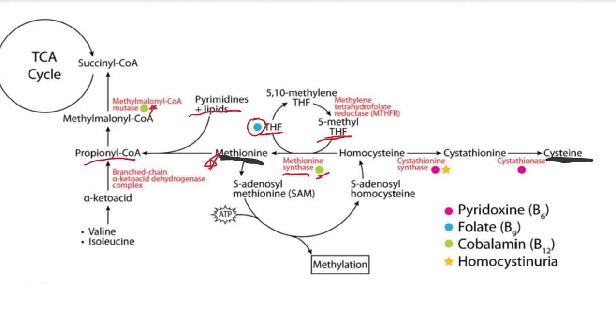cofactor. So, patients who have a vitamin B12 deficiency will have an elevation of both homocysteine, because homocysteine cannot be converted into methionine without vitamin B12, and they will also have an elevation of methylmalonyl-CoA.